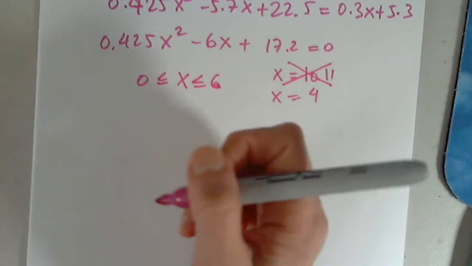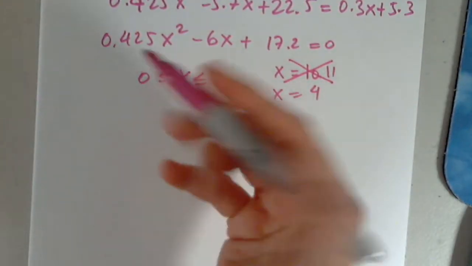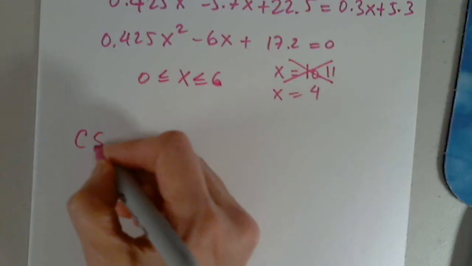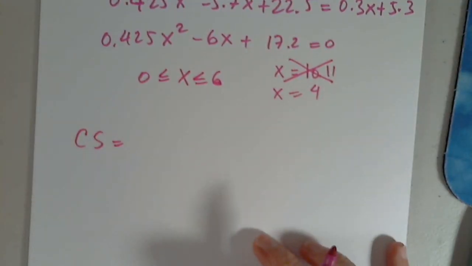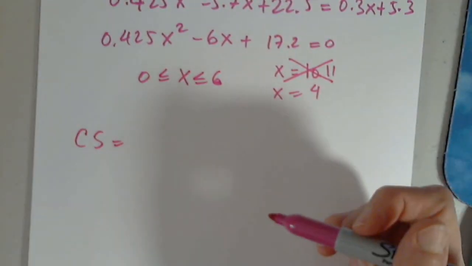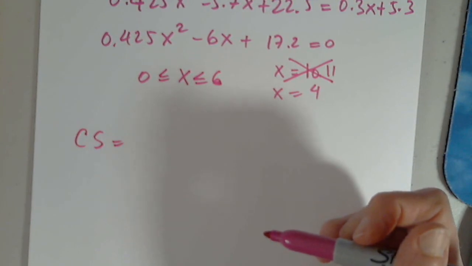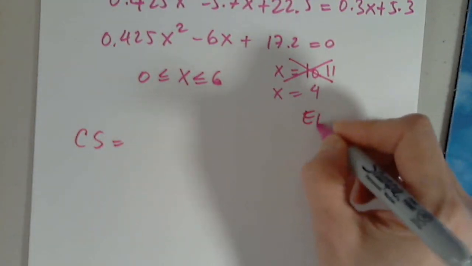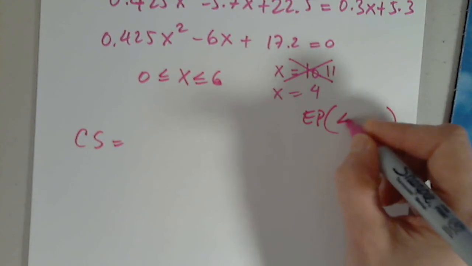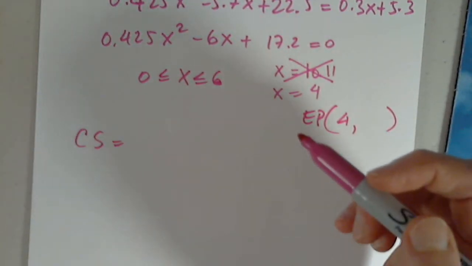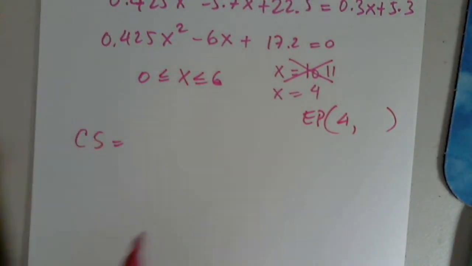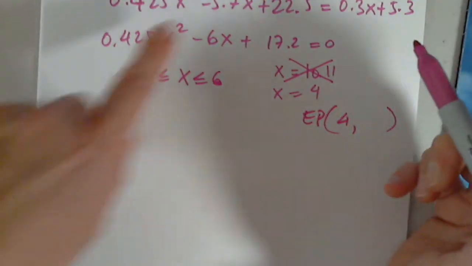So at this point, we are asked to find the consumer surplus. Should I graph it again, or can we picture it without graphing? So x is 4, and I have to plug in and get the y value. Where is my function? Here.